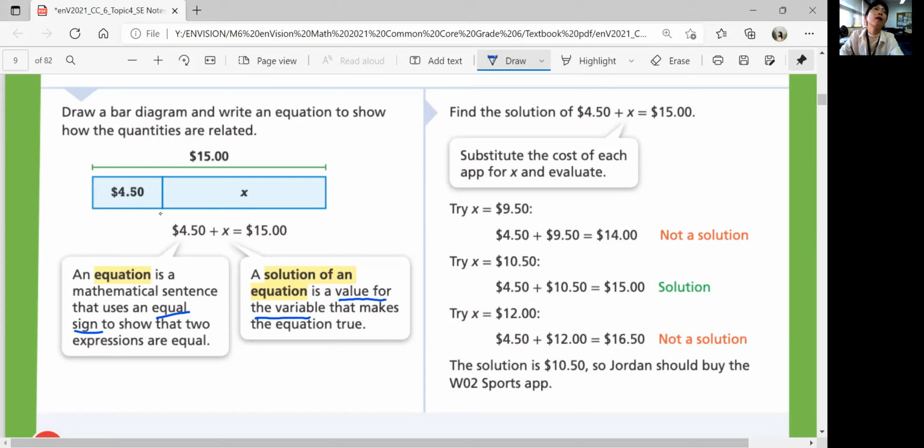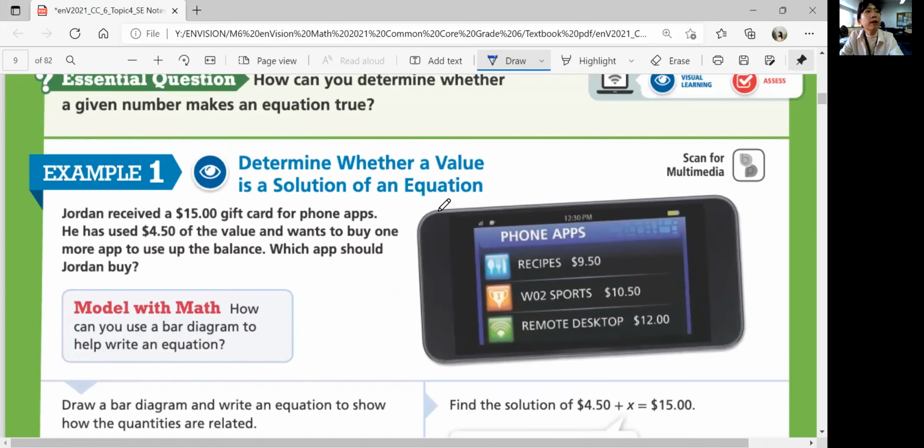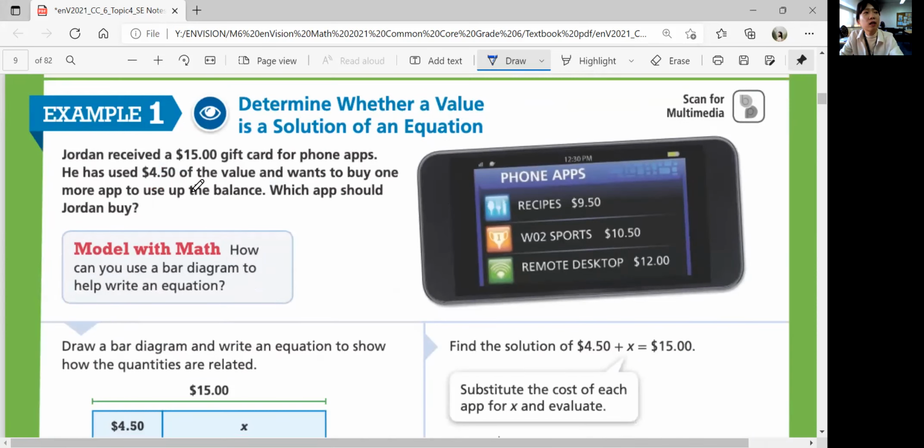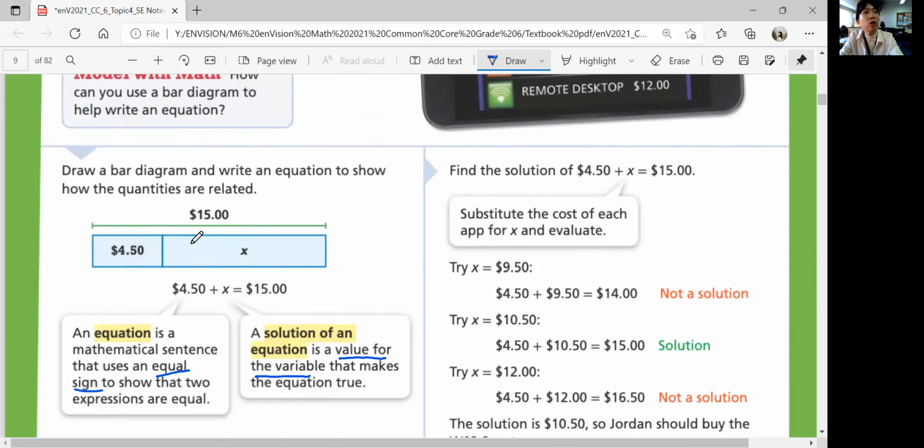Okay, so this is a bar diagram. We have $15, right? And then he used $4.5 of the value. So he doesn't have 4.5 now. X is whatever he has left, right? We want to find X. We can find the solution of 4.5 plus X is equal to 15.